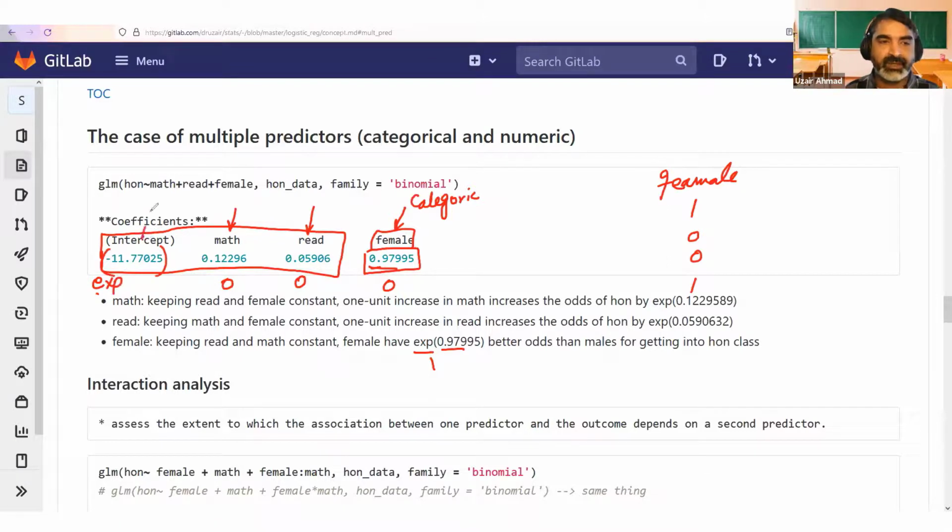So the intercept represents the other levels of categorical variables in our equation. Here we have just one categorical variable, female, where level 1 represents gender female and level 0 represents gender male. So all other levels that are not here are represented by this intercept. Okay.